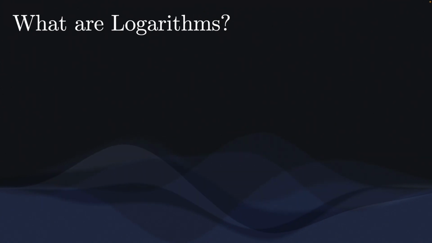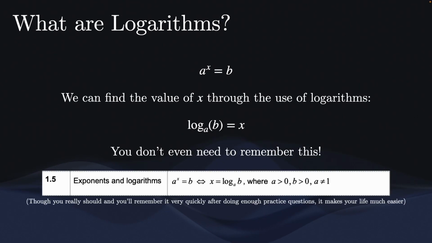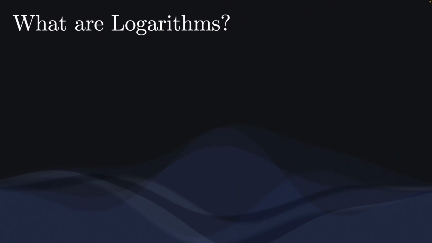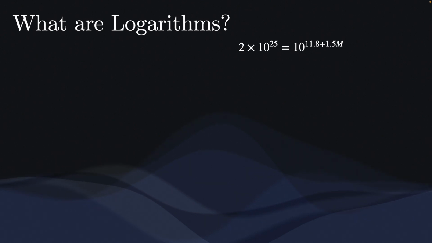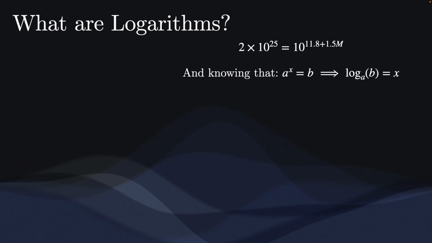So now, using that, let's see if we can find the answer to our previous question. We have 2 times 10 to the 25 is equal to 10 to the 11.8 plus 1.5 m. And we know that if a to the x is equal to b, then log a of b is equal to x.